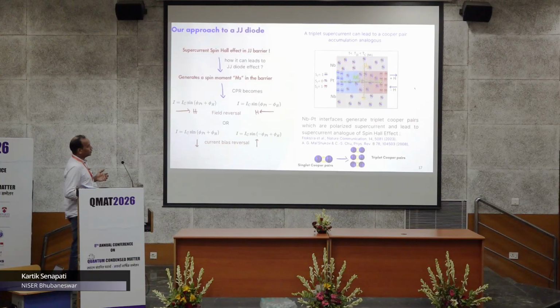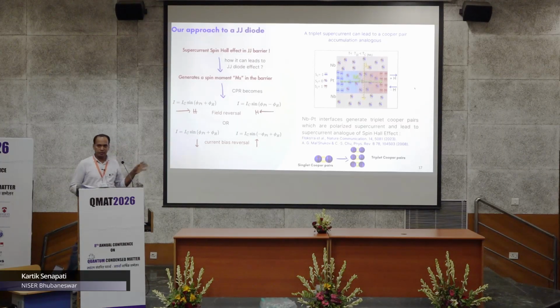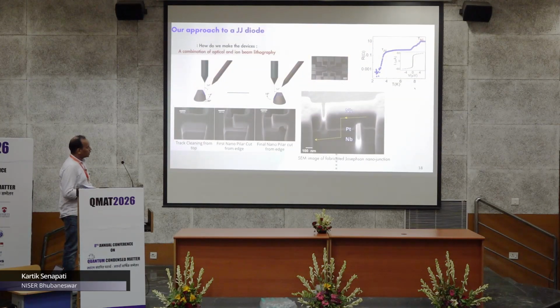But notice that it depends on this addition or subtraction. So if there is no field, you don't expect anything. You don't expect any diode effect in these junctions if you do not have a field. At zero field, it is not a diode. So that was our approach.